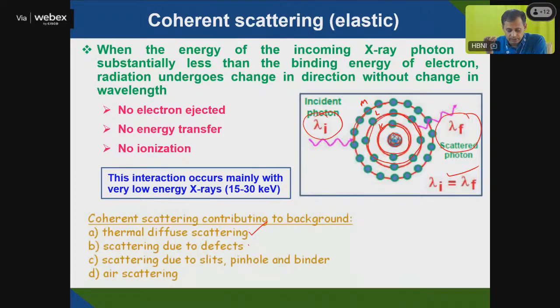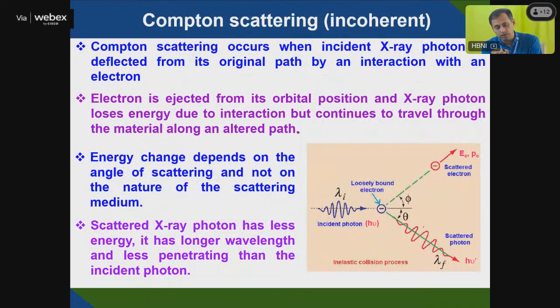Scattering due to slit, pinhole, binder or air can also occur. All those things contribute to the background. Instead of giving any information about the material characteristics, it gives background to the spectra and increases the noise. So you have to reduce this coherent, elastic scattering so that your signal is quite high.